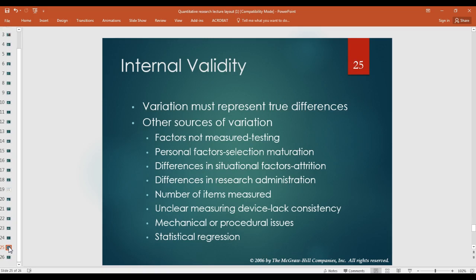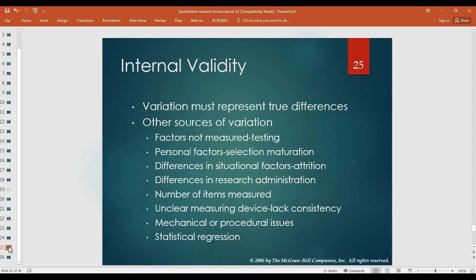The internal validity is the variation that shows that there is some sort of a problem or an error. So there might be factors that are not measured in testing, for example.